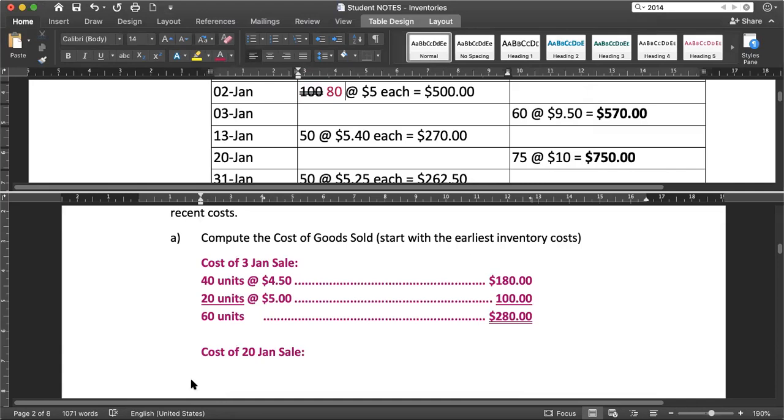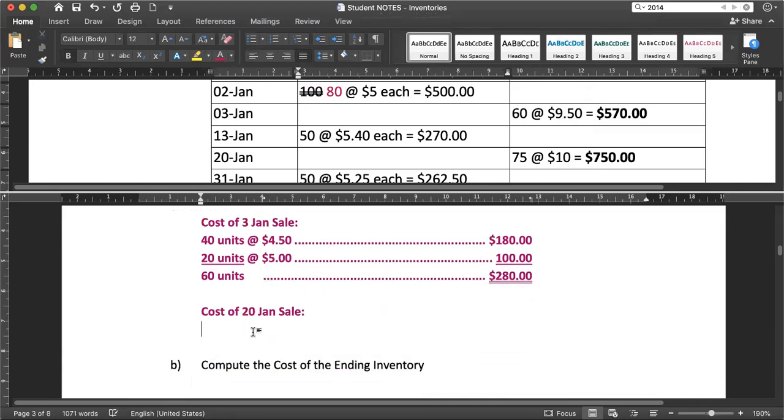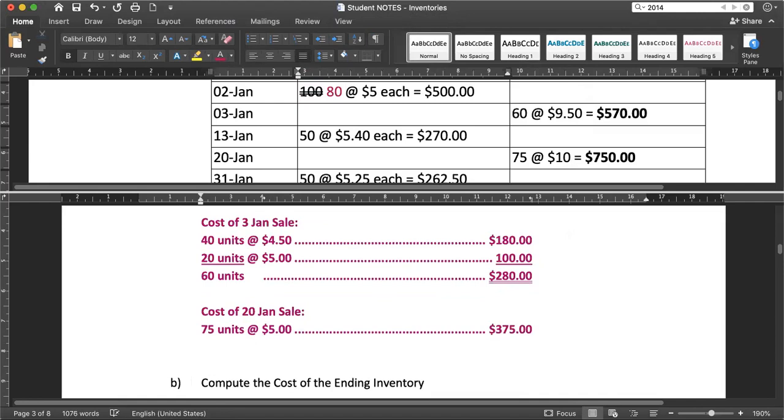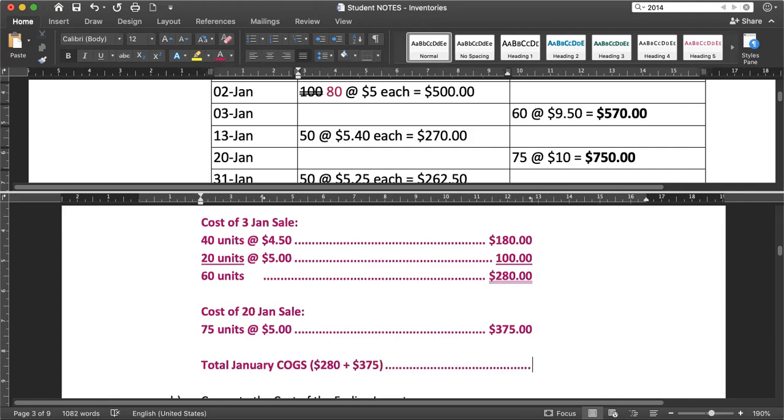They sold 75, so the cost of the 20 January sale is going to be 75 units at $5 each, which gives us a total of $375. Then the total January cost of goods sold is going to be equal to 280 plus 375, which gives us a total of $655.